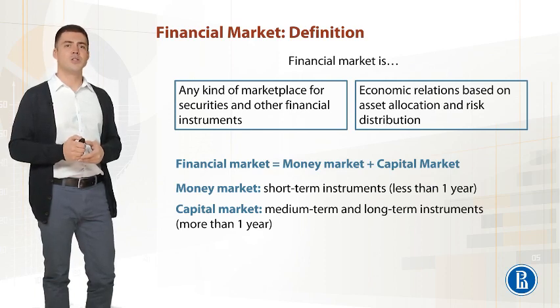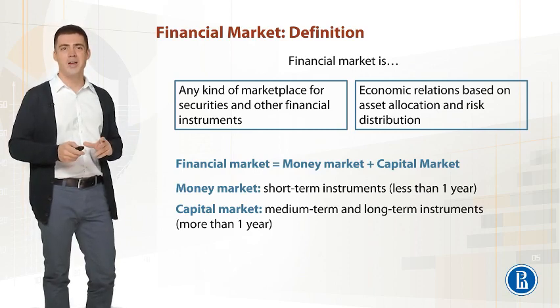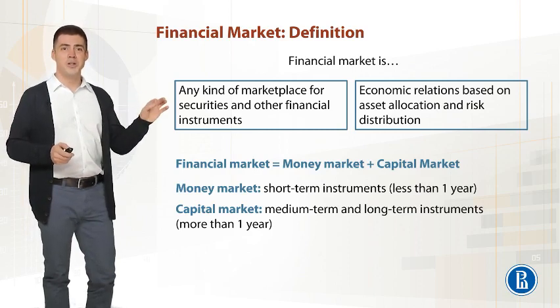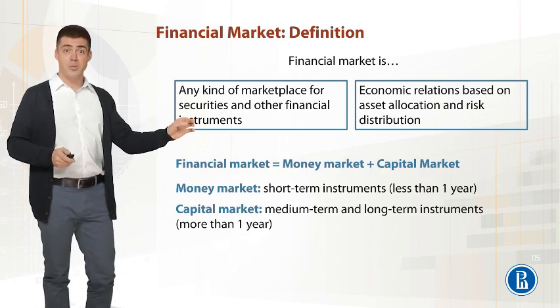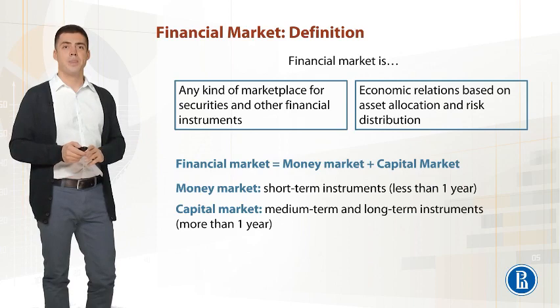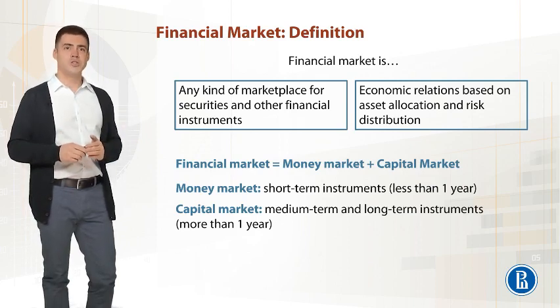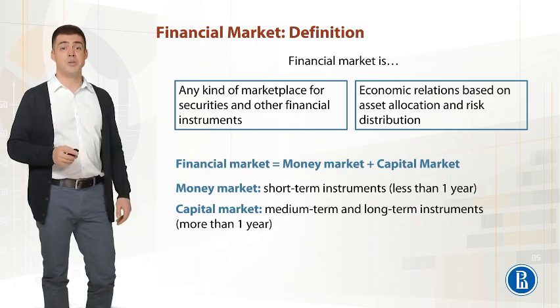In our course, we will mostly focus on pricing of capital market instruments, so that's why I will put the equality sign between financial market and capital market, using them as synonyms. However, most of the theories we'll be considering can also apply to money market instruments as well.